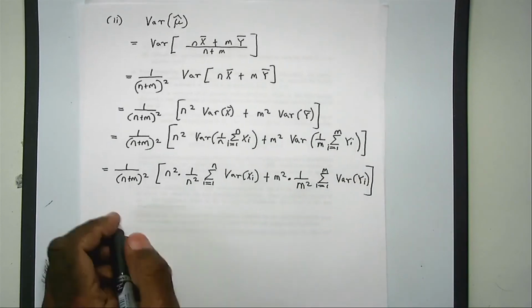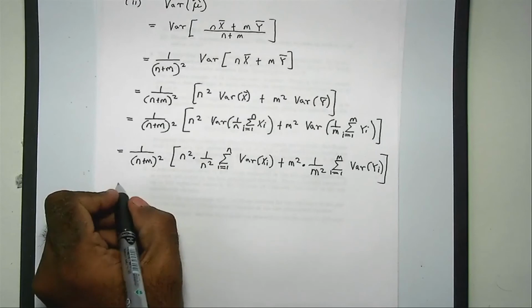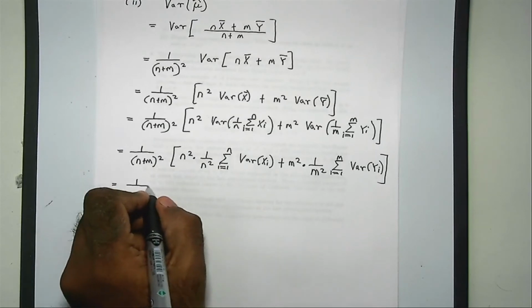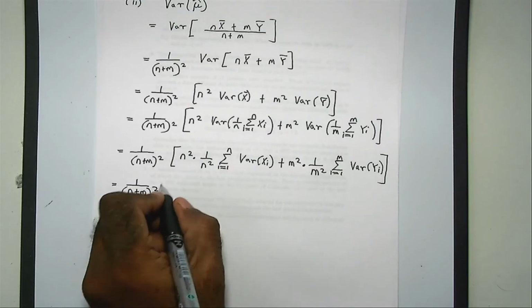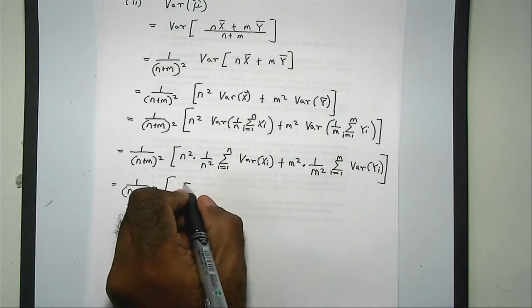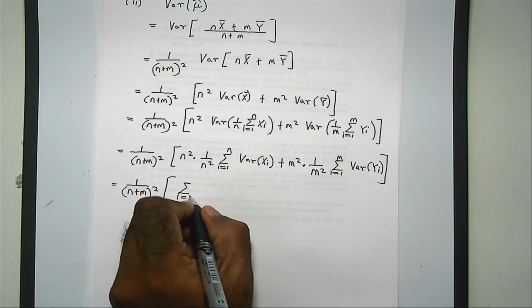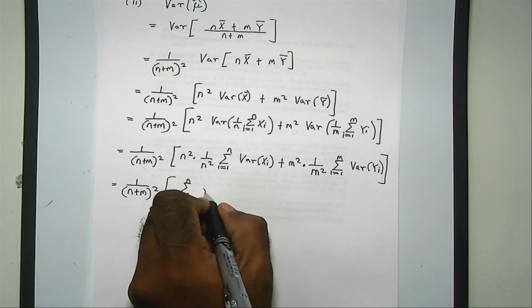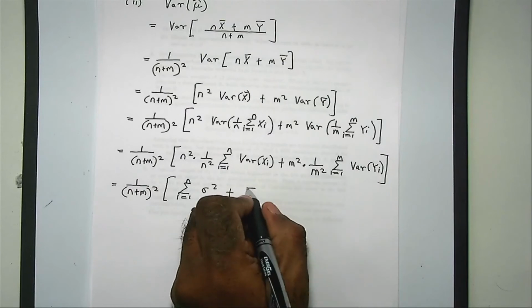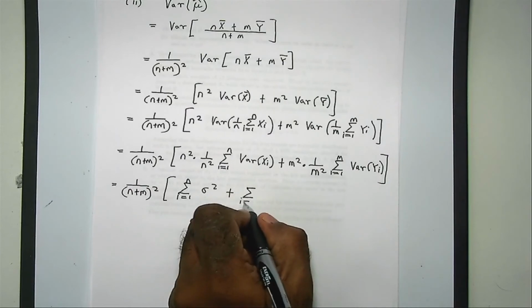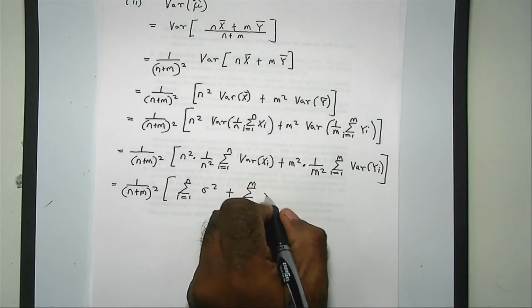Alright, these two guys cancel, so you have the sum i from 1 to n of variance of xi, which is sigma squared. These two cancel again, so you have the sum of sigma squared.